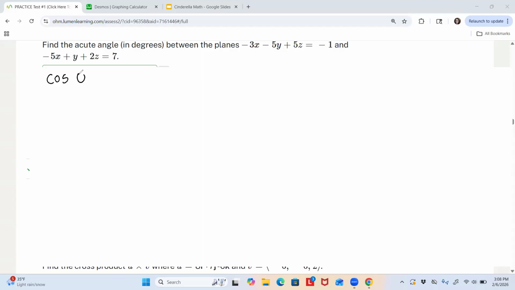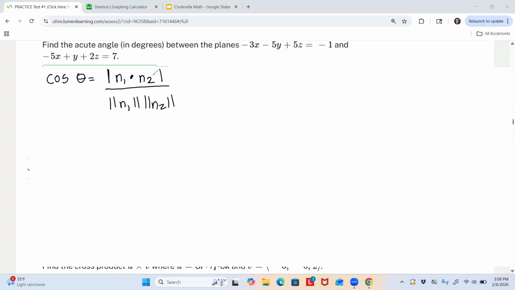The cosine of our angle is the absolute value of the normal vector 1 dotted normal vector 2, all over the magnitude of normal vector 1 times the magnitude of normal vector 2. So that looks like a formula we've already written down. It looks very similar to what we did on number 1.